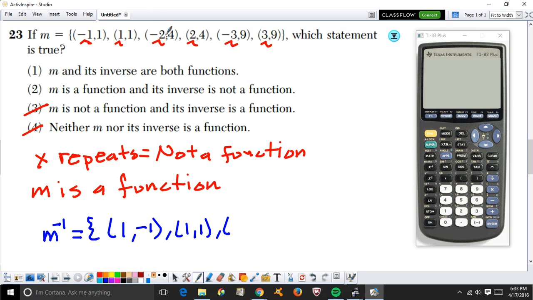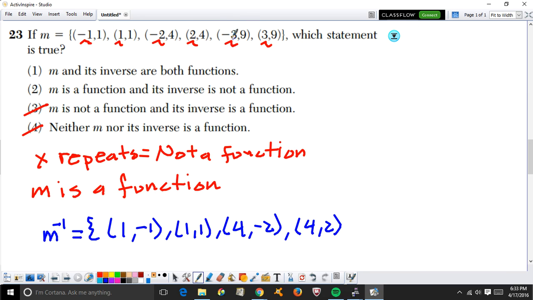If we have negative 2, 4, our inverse is 4, negative 2. If we have negative 3, 9, our inverse is 9, negative 3. So these are the points for the inverse.